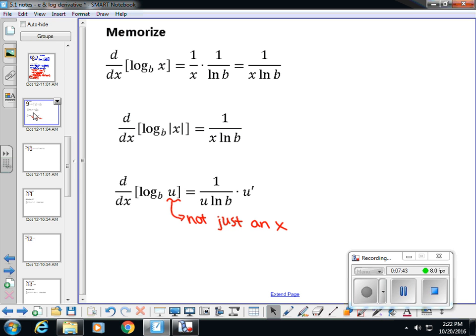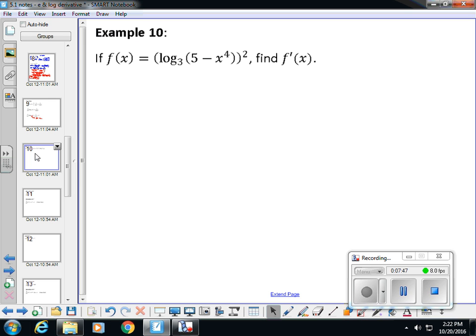So let's take a look at an example of that. So if f of x is equal to this, first I need to do chain rule. So f prime of x is going to be 2 times the inside, the first, times the derivative of the inside.